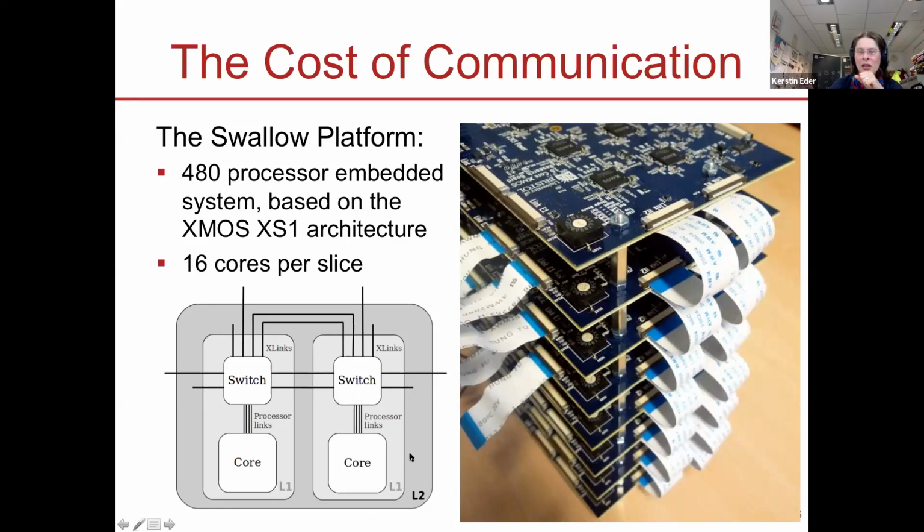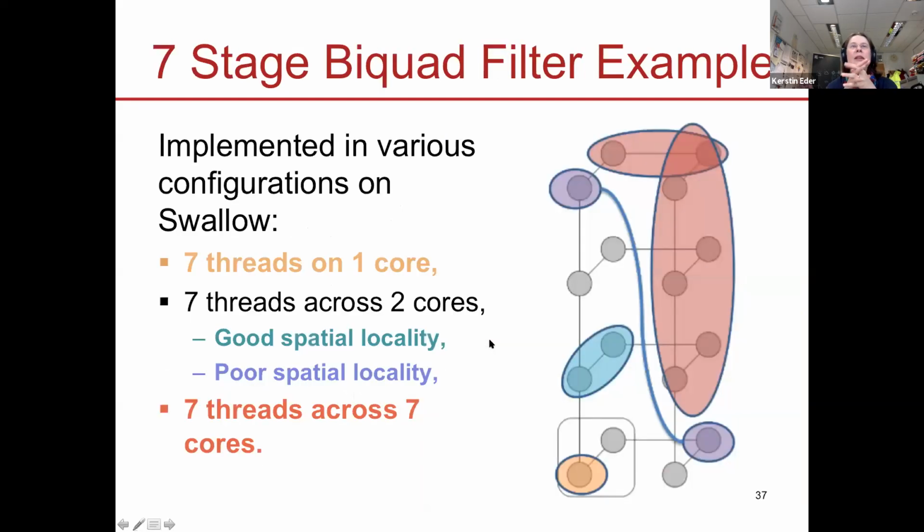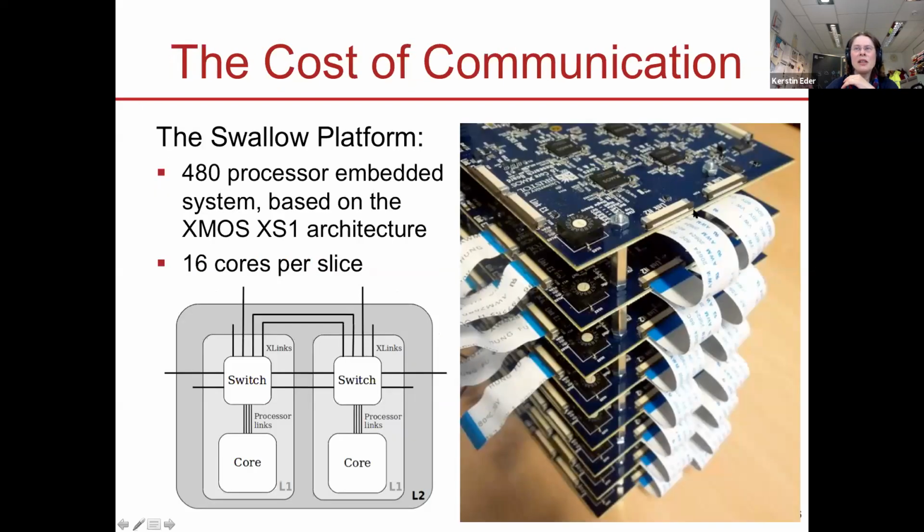Okay, so what we asked is, we had a 7-stage biquad filter, and this filter could be implemented in various configurations on one slice of these boards. On these blue slices, you've got 16 cores per slice.